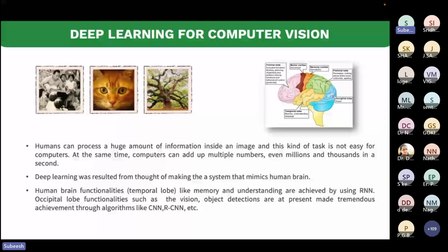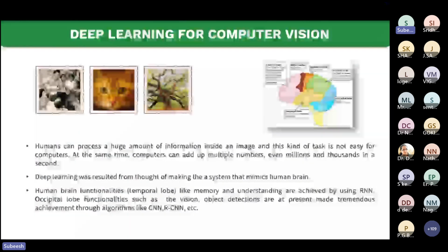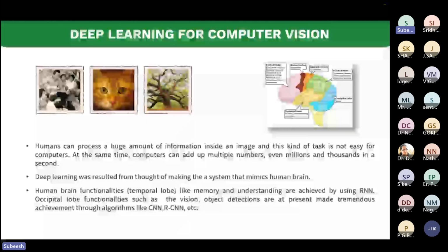The basic difference between human and computer is that we cannot do very complex mathematics, but a computer can. We can remember images and visual information for a long time, but a computer cannot. Integrating that vision capability into computers can really make them a powerful system.